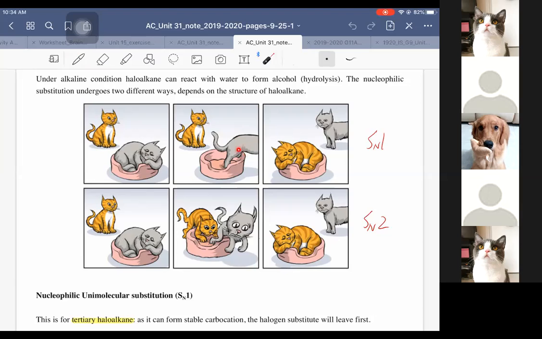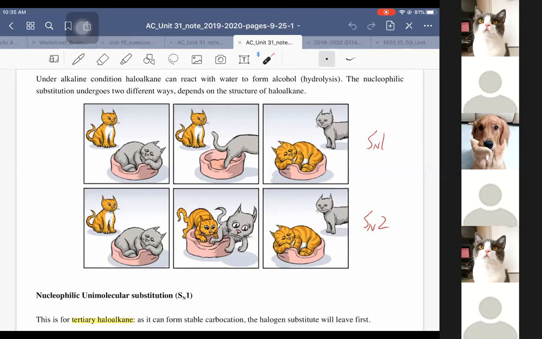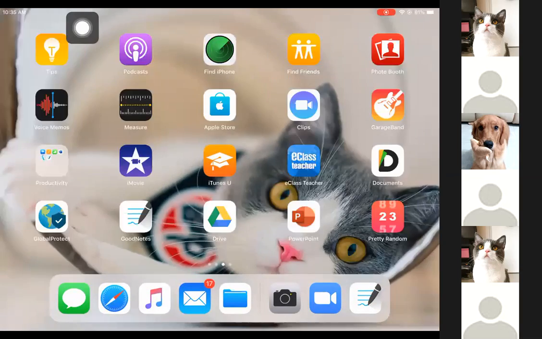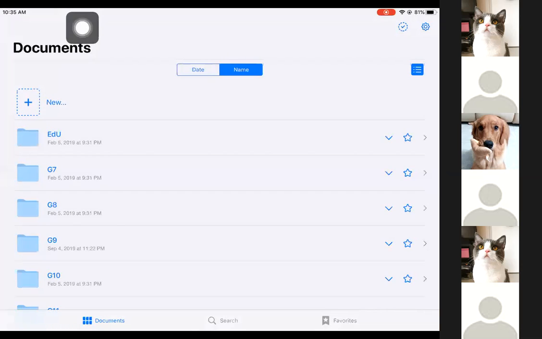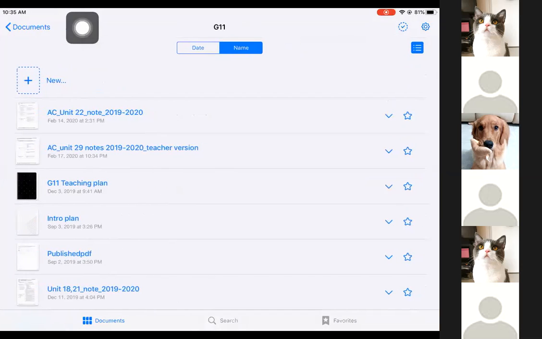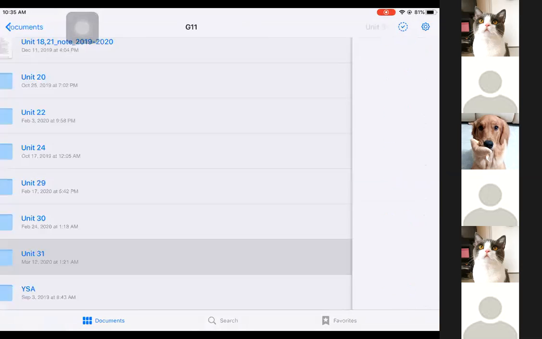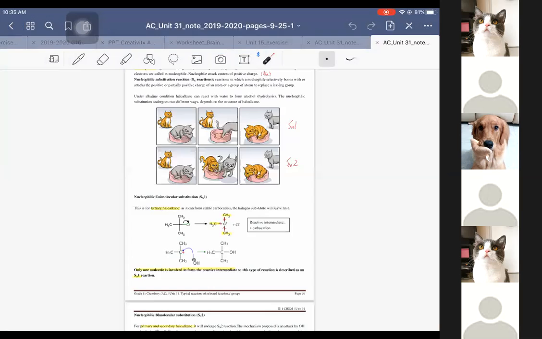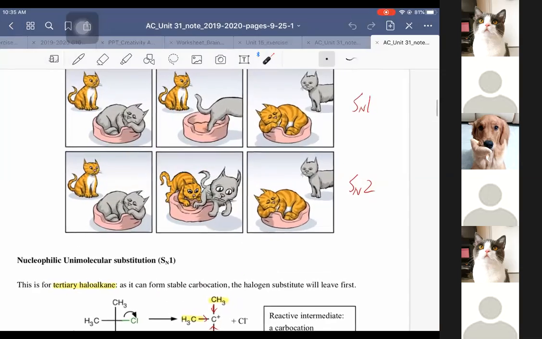But for SN2, it involves two molecules to form the reactive intermediate. So that's the difference.